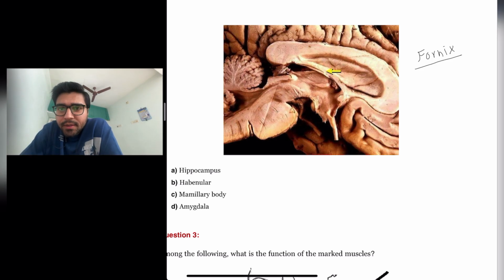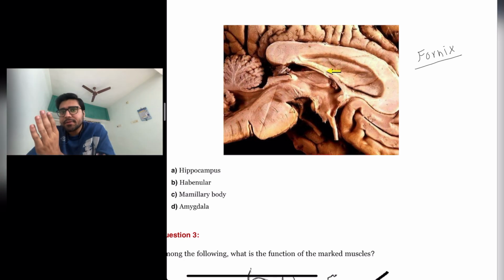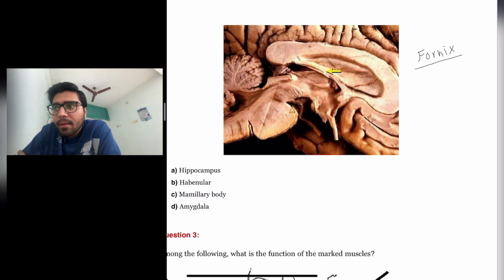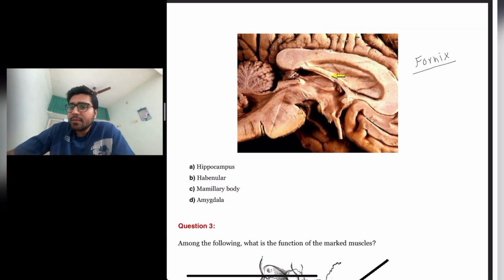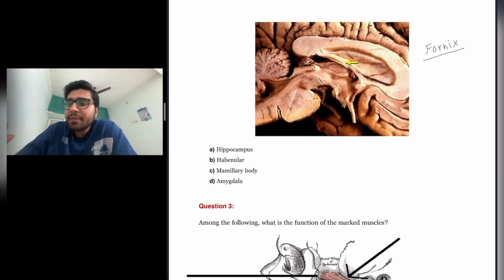So actually the fornix derives from the hippocampus and it will end into the mammillary body of the thalamus. So the origin of this fiber, the answer is hippocampus.